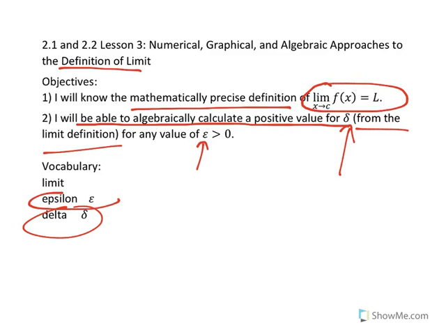And that's also from the limit definition. We started looking at problems yesterday that had epsilon and delta to prepare us for what we're going to do today, which is to look at the mathematically precise definition of the limit of f of x as x approaches c is equal to L.